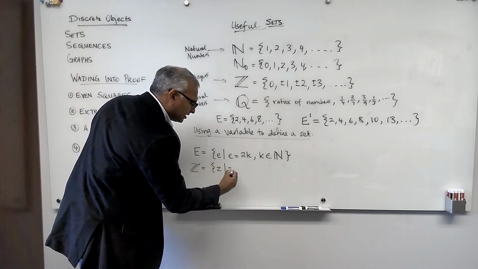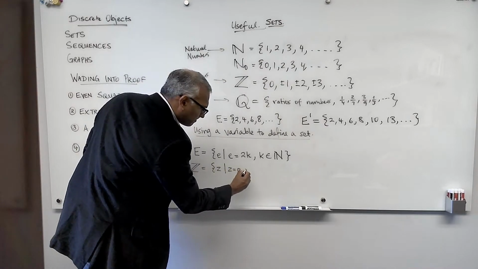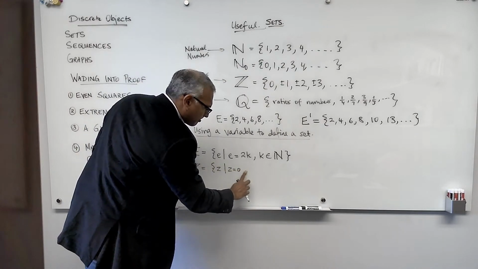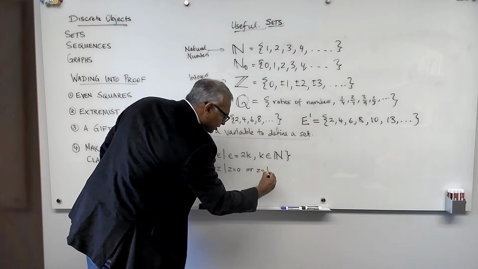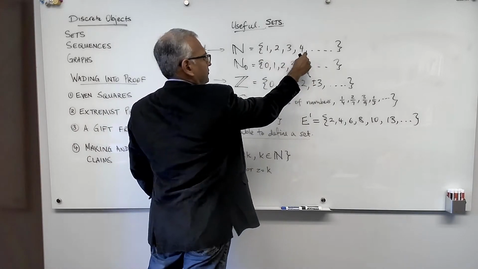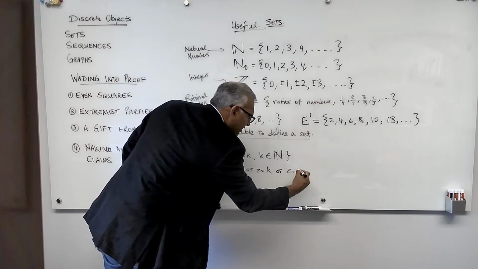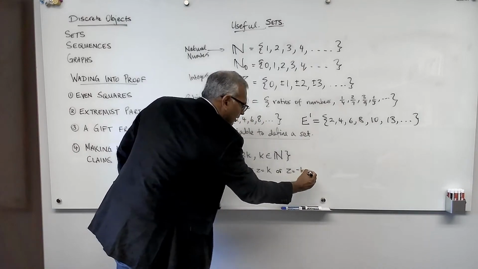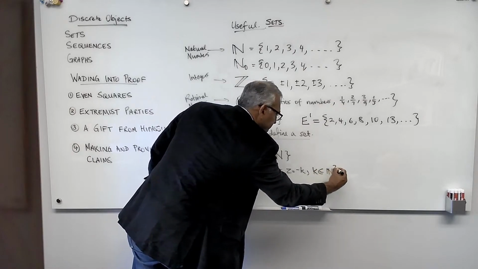Well, z can either equal 0, or z is some natural number, that counts for +1, +2, +3, 1, 2, 3, 4, or z is the negative of a natural number, where k is a natural number.